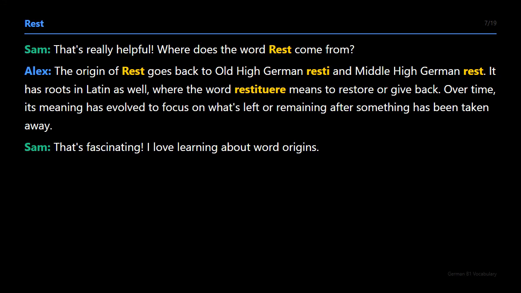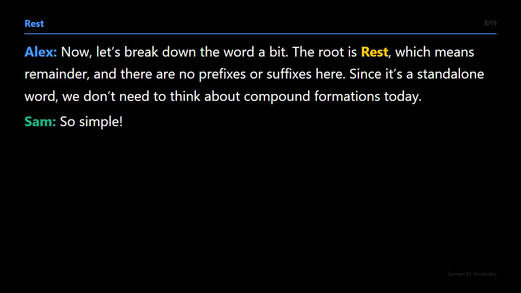Now, let's break down the word a bit. The root is Rest, which means remainder, and there are no prefixes or suffixes here. Since it's a standalone word, we don't need to think about compound formations today.